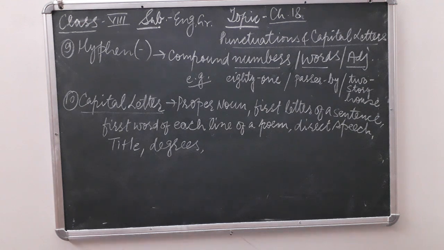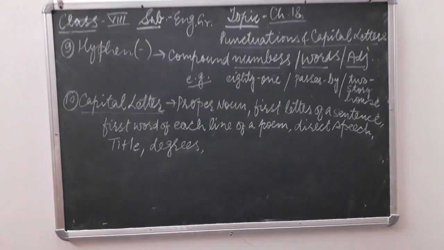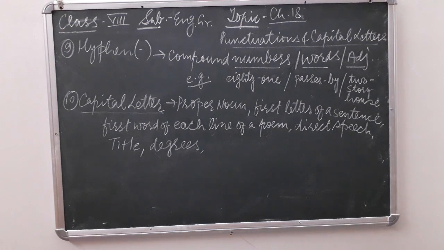we use capital letters for titles and degrees. For example, when we write any story or any essay, for example, The Impact of Television on Children, in this way every word's first letter will be capital.